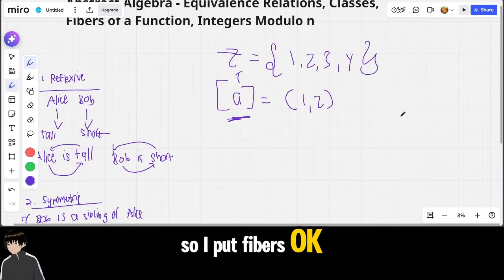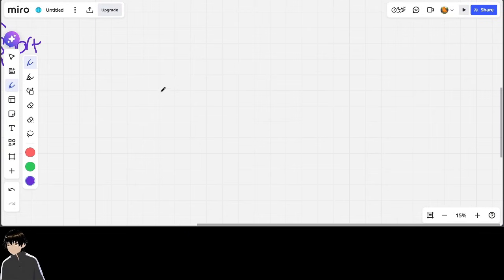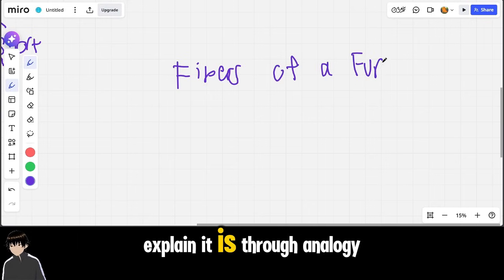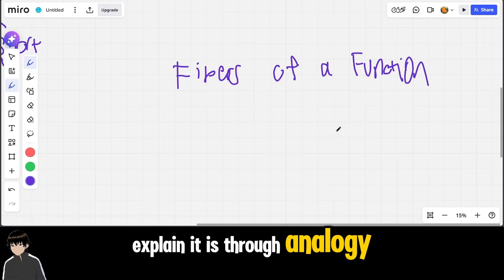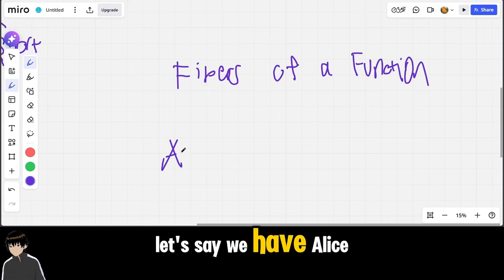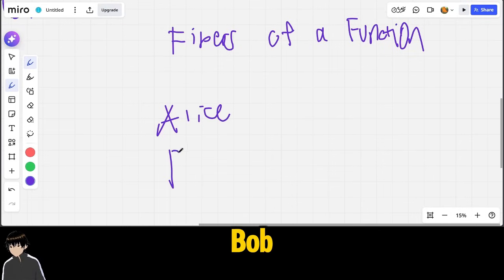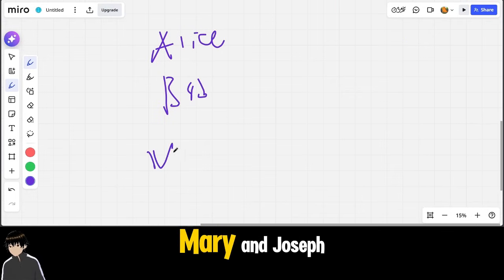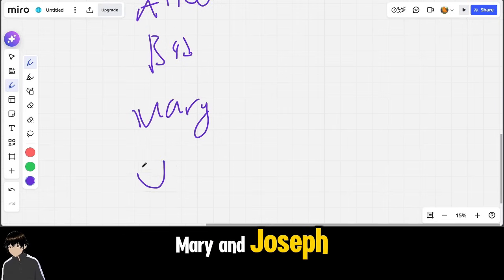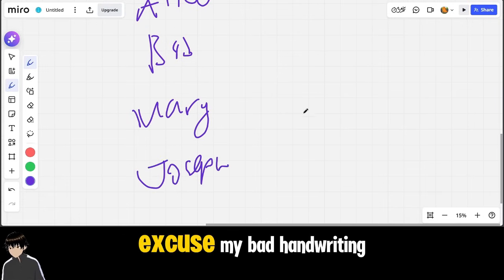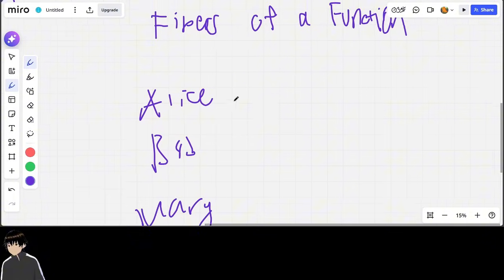So about fibers. Fibers of a function. The best way I can explain it is through an analogy. Let's say we have Alice, Bob, Mary, and Joseph. Excuse my bad handwriting.